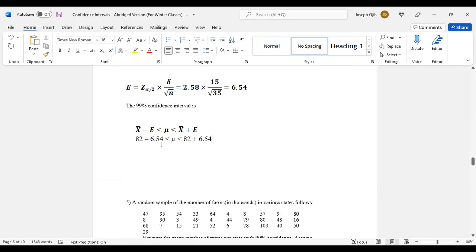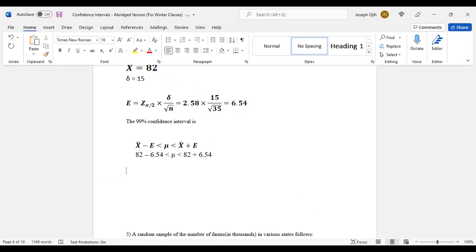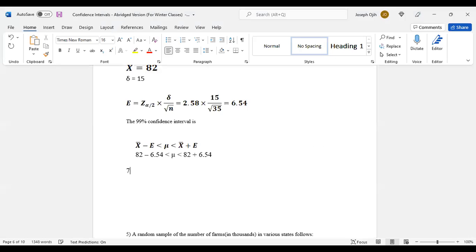Now let's try 82 minus 6.54, which is 75.46. That's less than the mean.